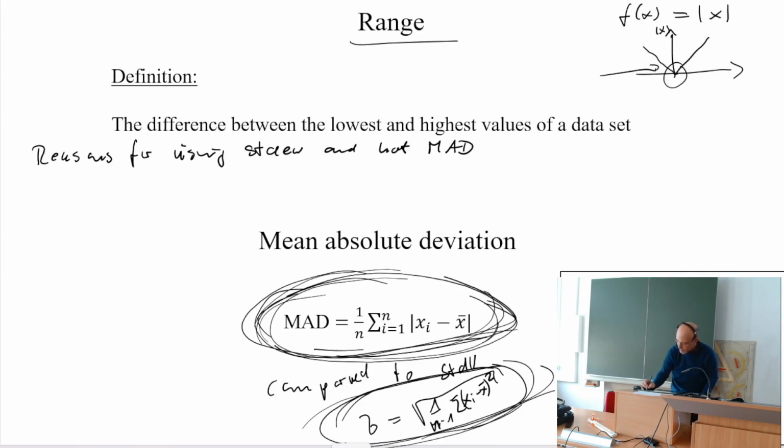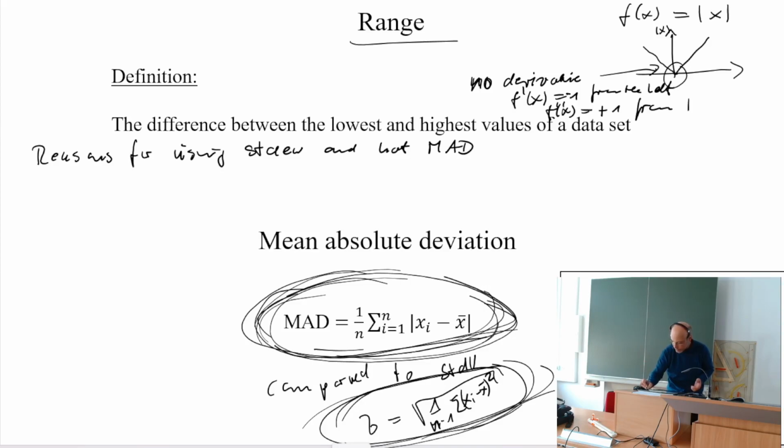And this means there is no derivative. Coming from the left side, you have derivative -1, so f prime of x is -1 from the left, and f prime of x is +1 from the right.